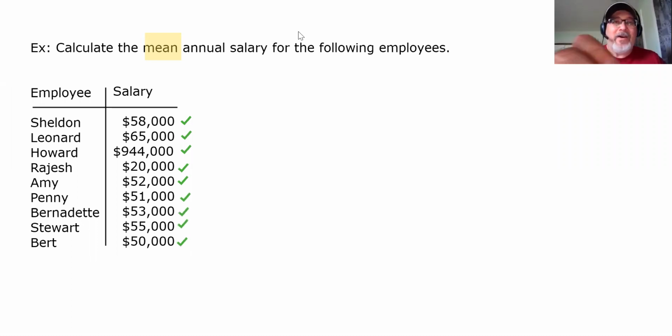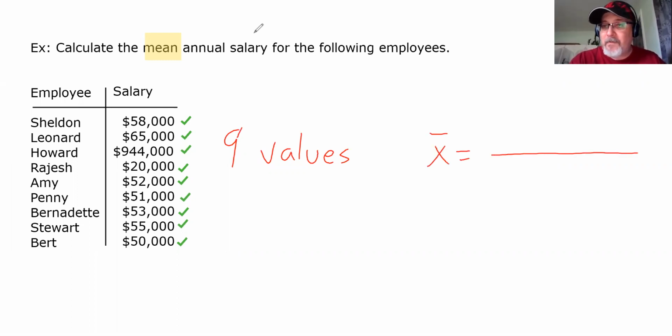So there are 9 values. That means we're going to end up dividing by 9. But what are we going to divide by 9? This sum, which I'll write sigma x. Again, that just means take the sum of all those numbers.